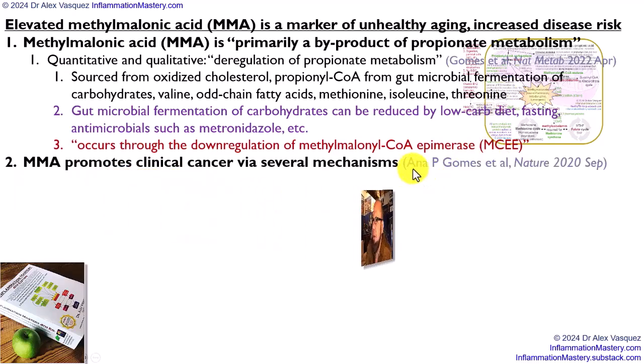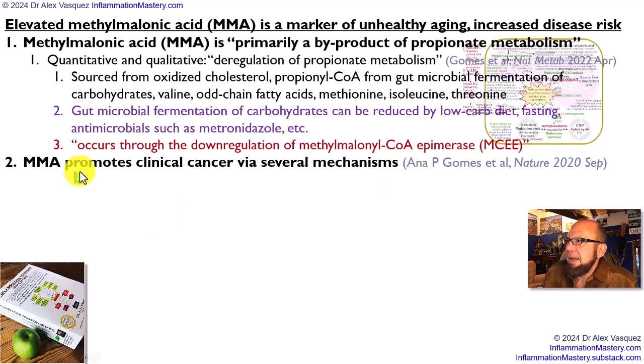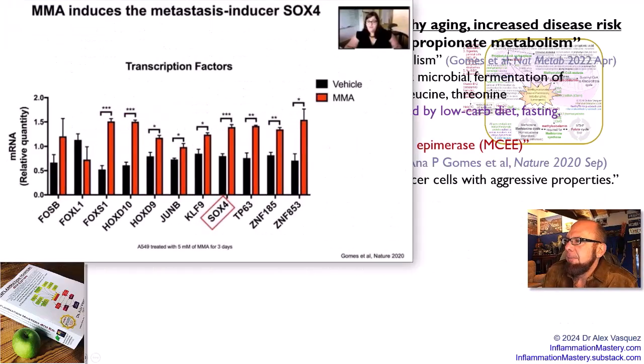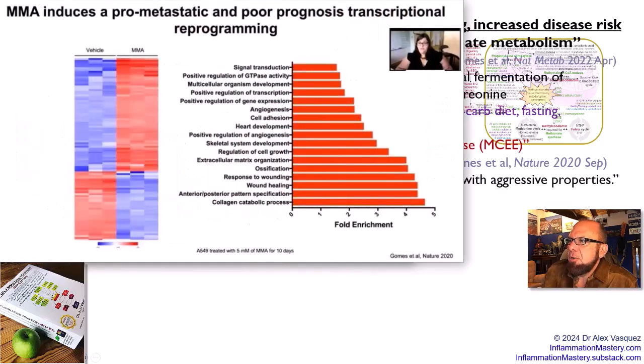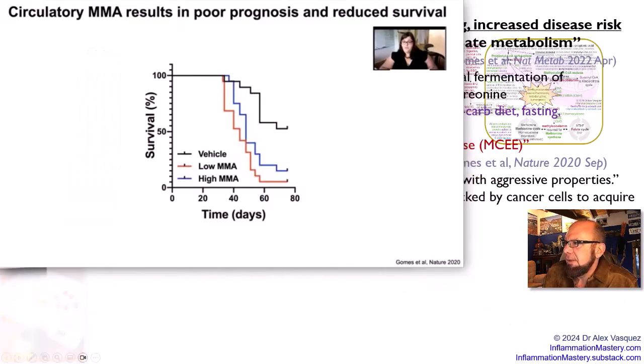Additional research, also from Ana Gomez and her colleagues, shows that MMA, or methylmalonic acid, promotes clinical cancer via several different mechanisms. It induces a pathway called SOX4, which results in transcriptional reprogramming, which, according to Ana Gomez and her colleagues, endows cancer cells with aggressive properties.